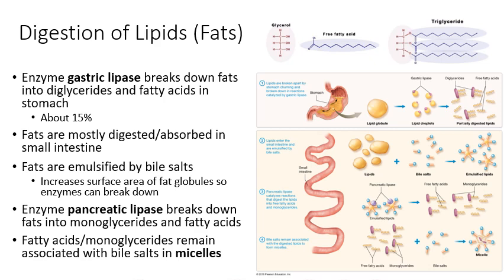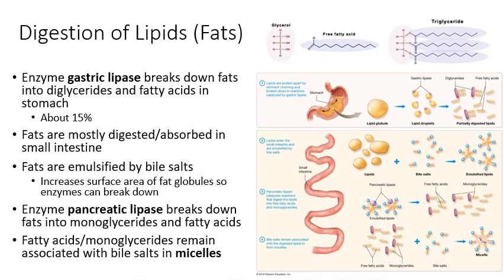So any diglycerides that were digested partially in the stomach already and fats that still remain intact, it's going to remove the fatty acids from the glycerol, all except for one of them, which gives you a monoglyceride and two fatty acids. So after pancreatic lipase has had its effect, you would have nothing left but just free fatty acids and monoglycerides, which would be a fatty acid attached to a glycerol.